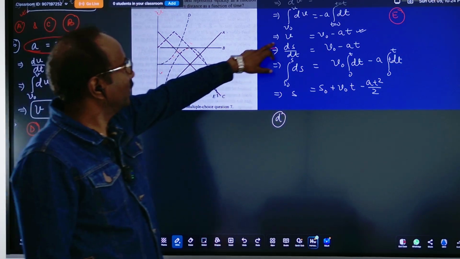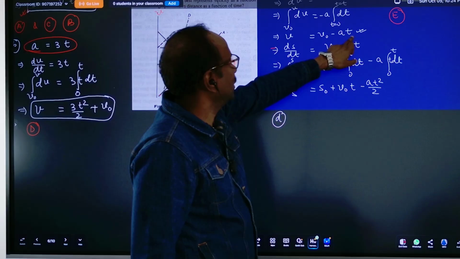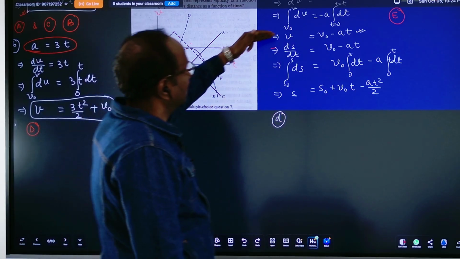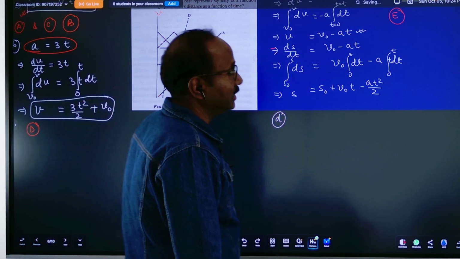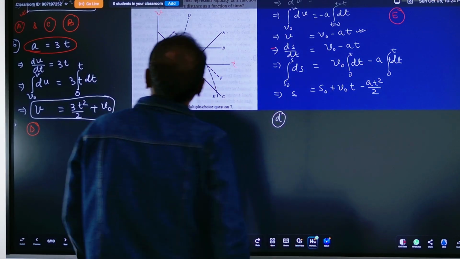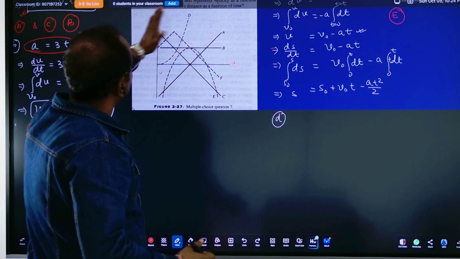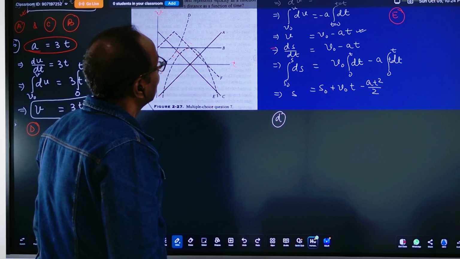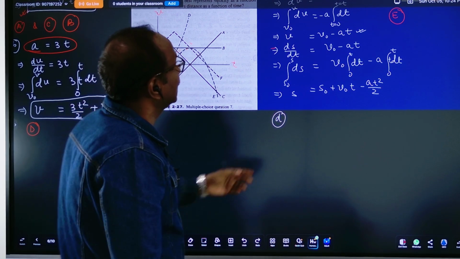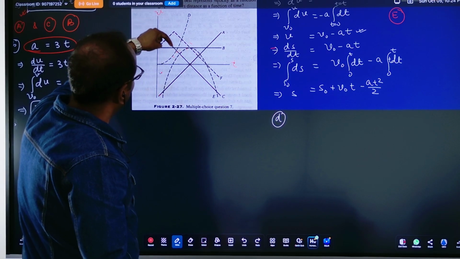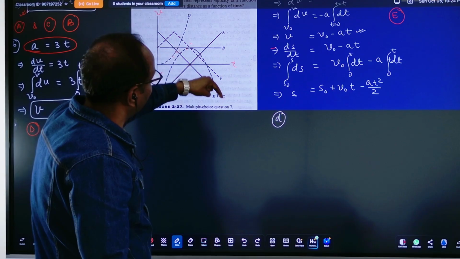So we should look for this graph, V naught minus AT. So what kind of graph is this? This is a straight line, right? With a negative slope, minus A. So which one in these graphs is the straight line with negative slope? So you can see this straight line, that is the C graph.